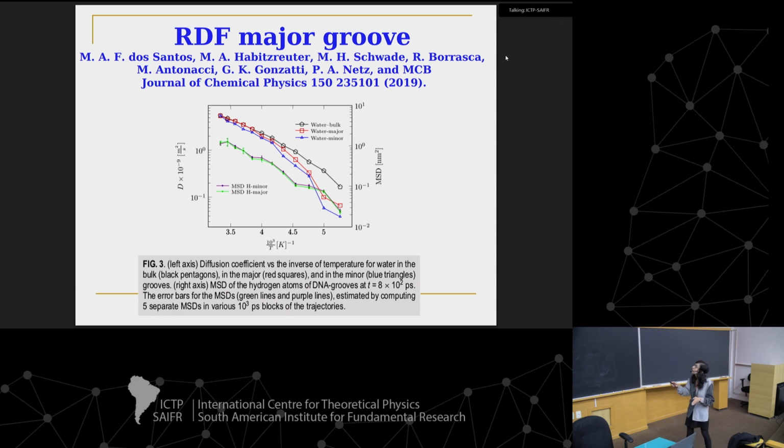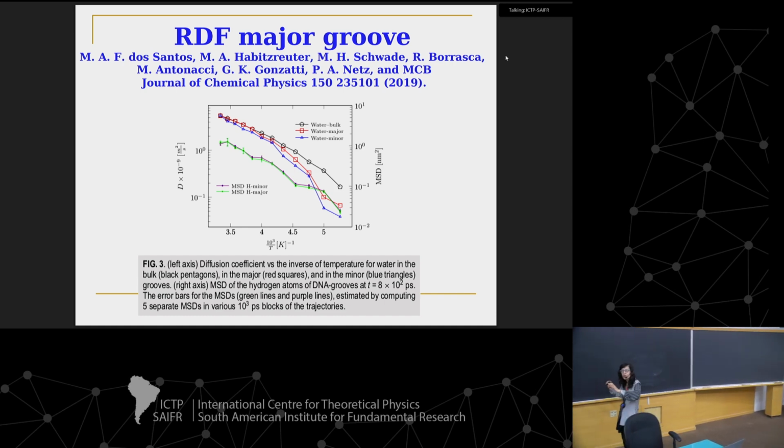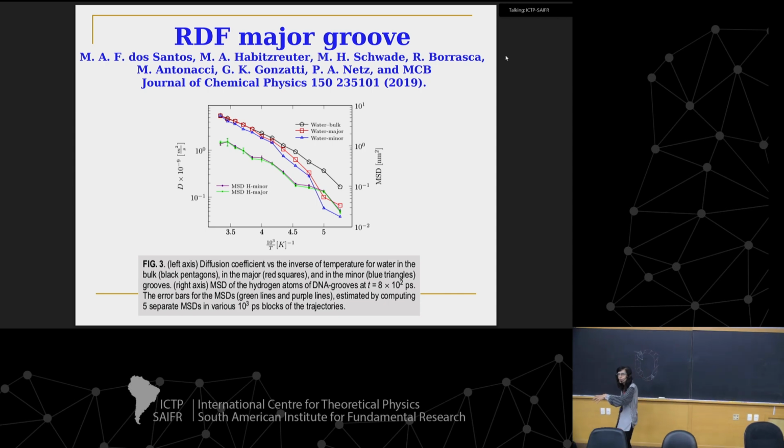So this fragile to strong that you observe for supercooled water, we are seeing in the major and minor grooves at room temperature. Confining kind of brings you to a cool down region without losing stability. So we can access this region.